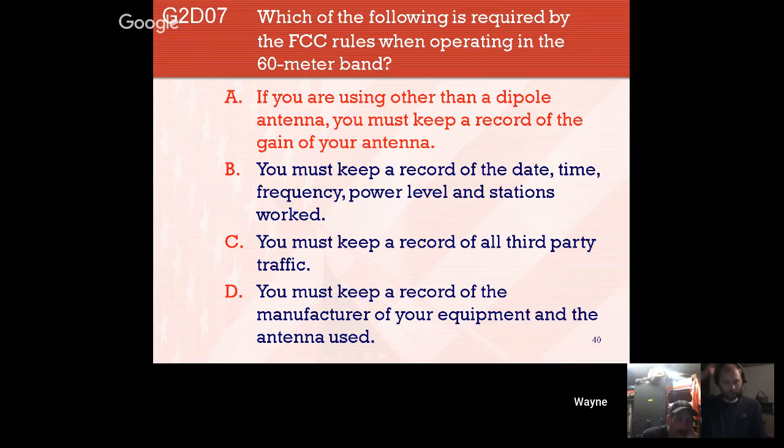You have a beam antenna where it's a 3 dB gain, 100 watts in, 200 watts out. You're automatically breaking the rules there because your limitation is 100 watts on the 60-meter band. So you want to note that you put 50 watts into your antenna, 3 dB gain, 100 watts out, approximately.